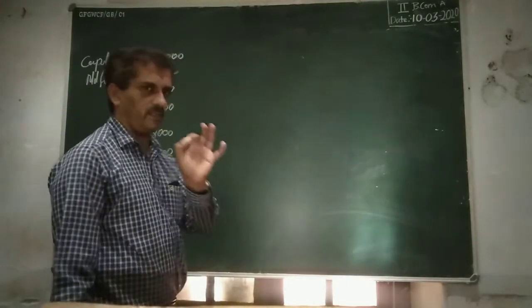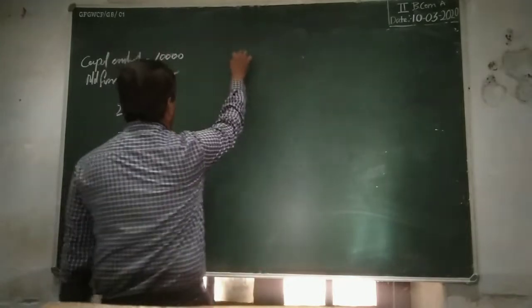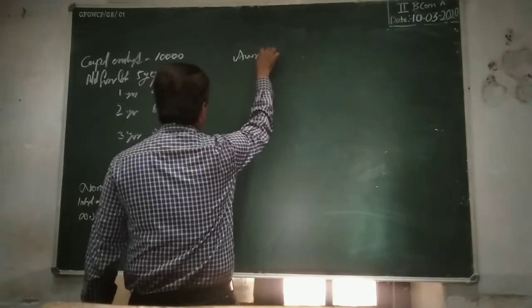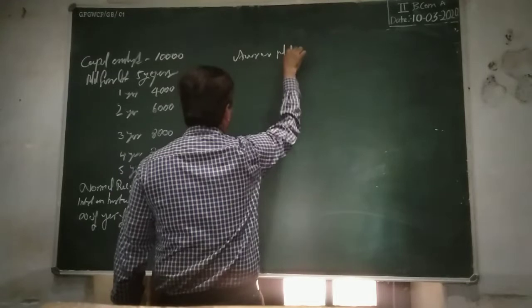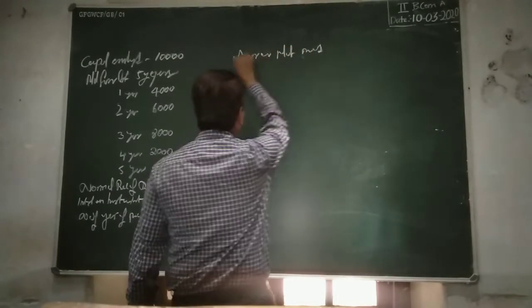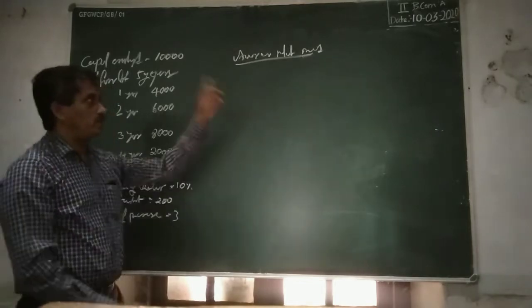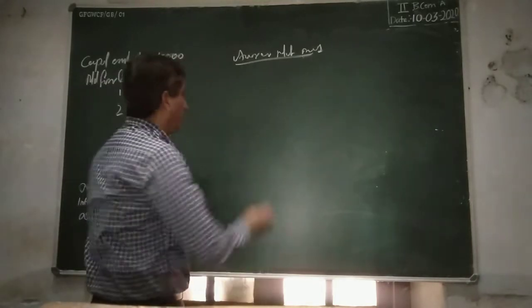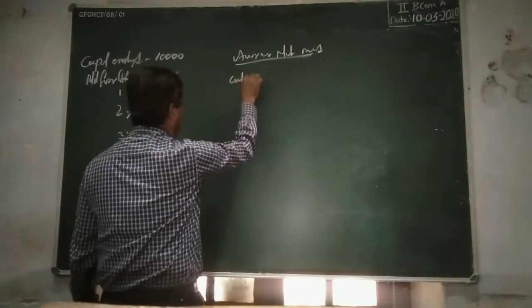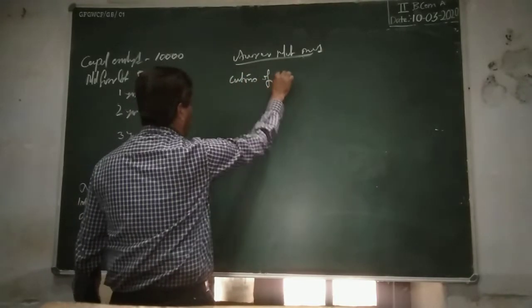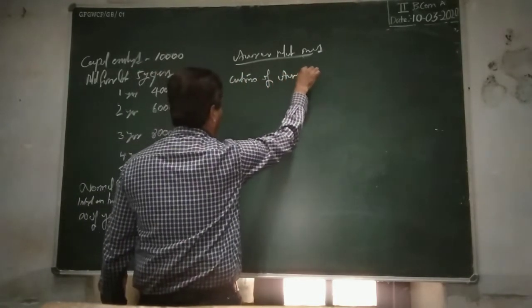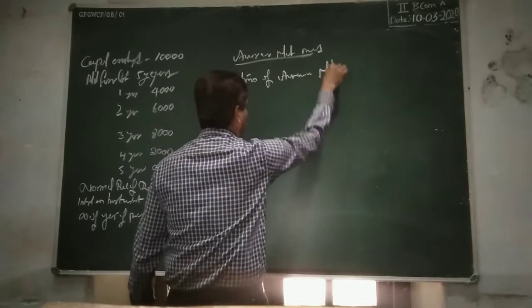Now the first method here is the average profit method. How will the goodwill be calculated? In the average profit method, the first step should be calculation of average profit.